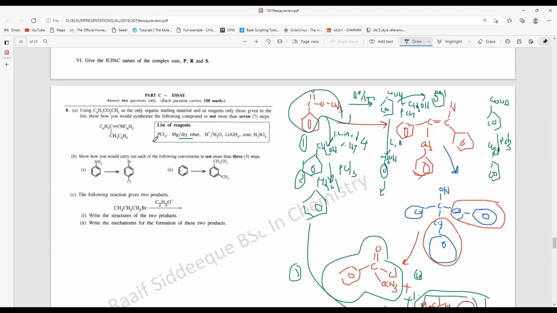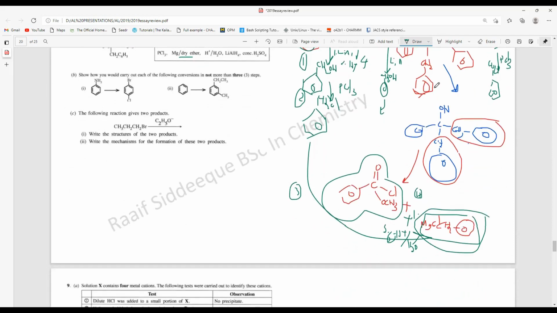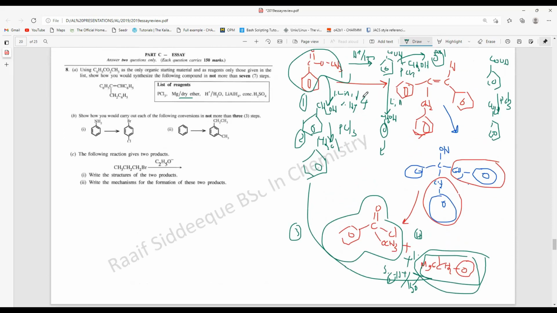As I told you many times, you can come from the back and you can come even from the front. So I came as much as possible. I thought this could be a dehydration step, so I added OH. And I can see now that if I add OH, there are similar compounds.